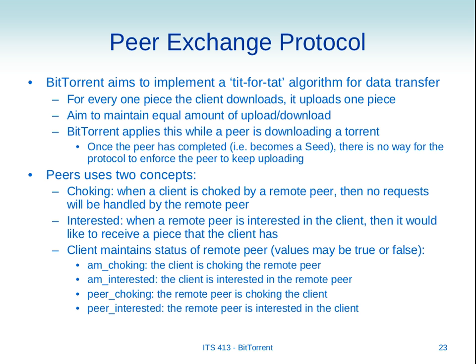And then the interested variables are whether we have pieces which are of interest to each other. So if one peer has pieces that the other one does not have, then that other peer will be interested in those pieces. For example, client peer has pieces P1, P3, P7. Remote peer has P2, P4, P5.